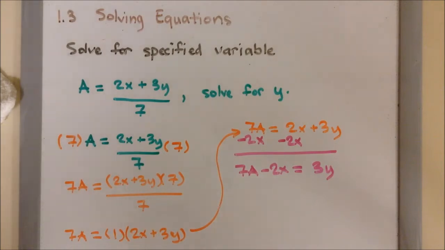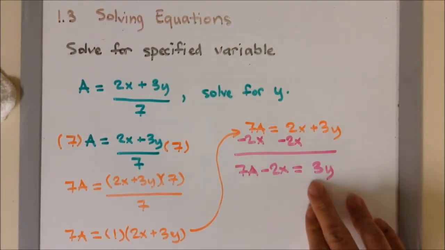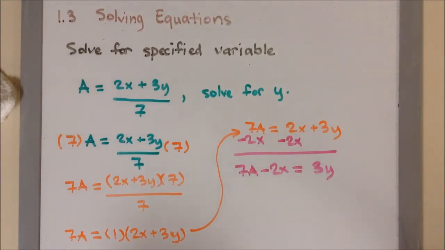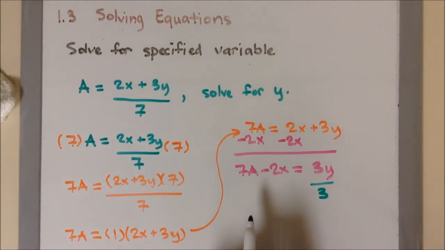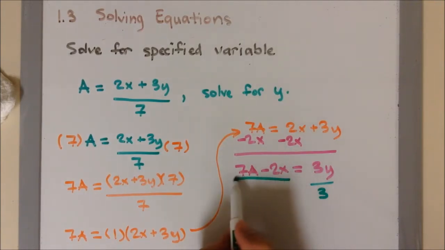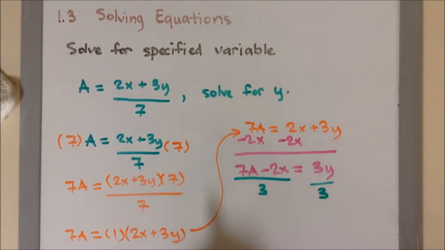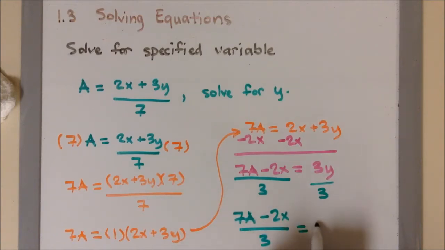Now I'm almost done. In order to get y by itself, I need to get rid of the 3. At the moment, it's 3 times y, so the opposite of multiplication is division. I'm going to divide by 3 on the right side, and divide the whole left side by 3. So it's going to be 7 capital A minus 2x over 3 equals y.